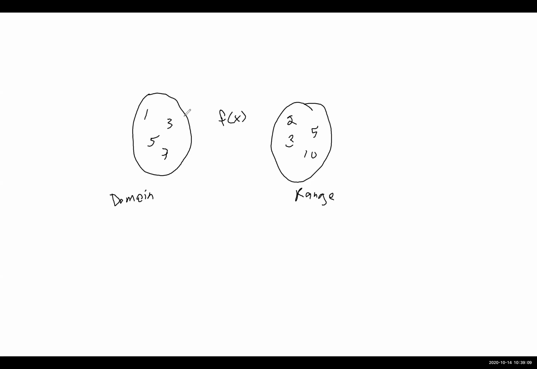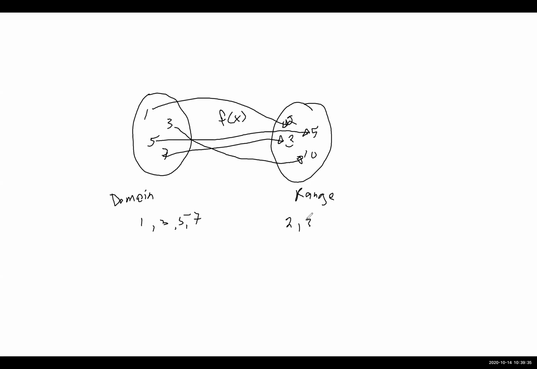And this function f says that 1 gets matched up with 2, 3 gets matched up with 10, 7 gets matched up with 3, and 5 gets matched up with 5. So that's a pairing of these four numbers in the domain to this set of numbers in the range. So that's sometimes how you see domain and range written.